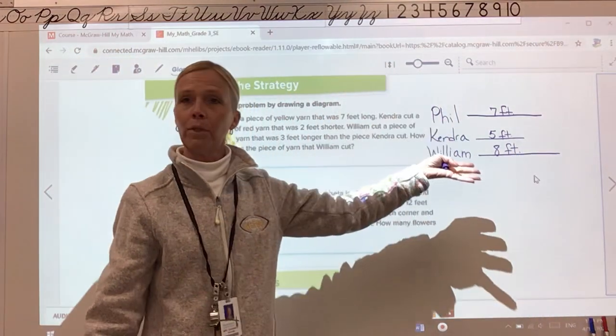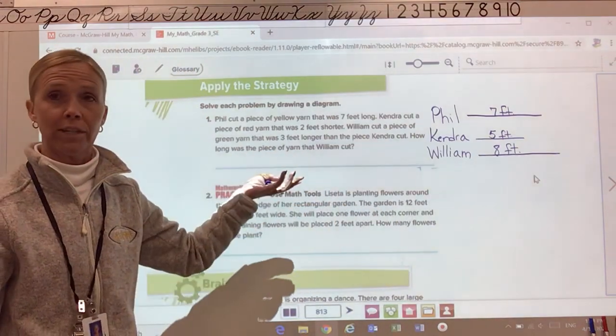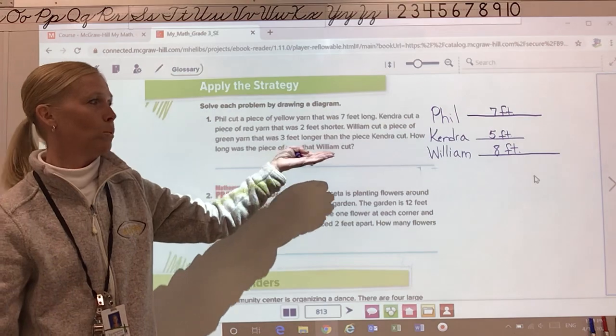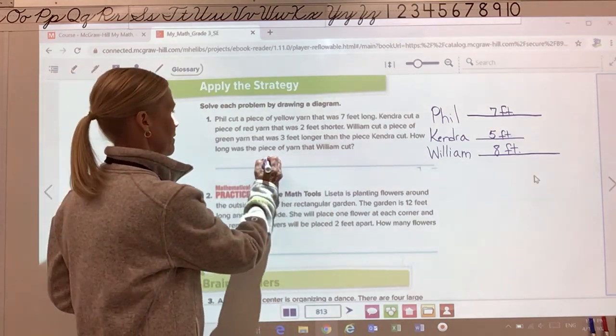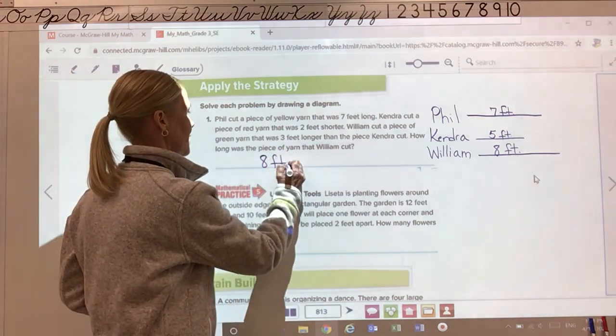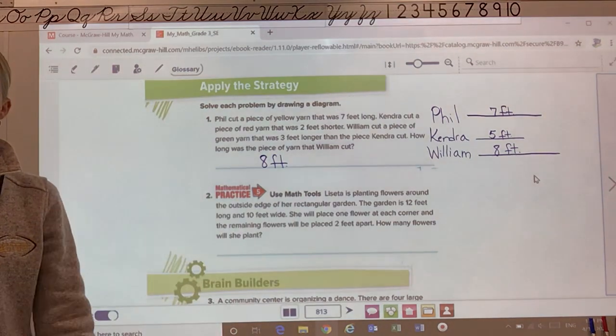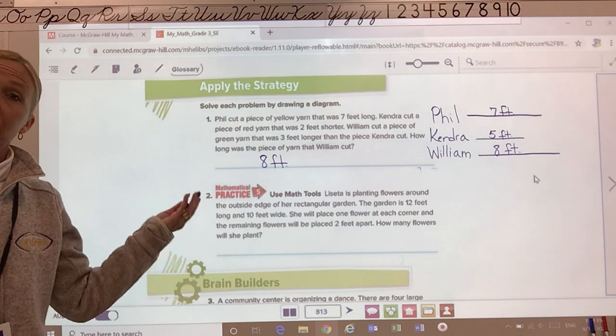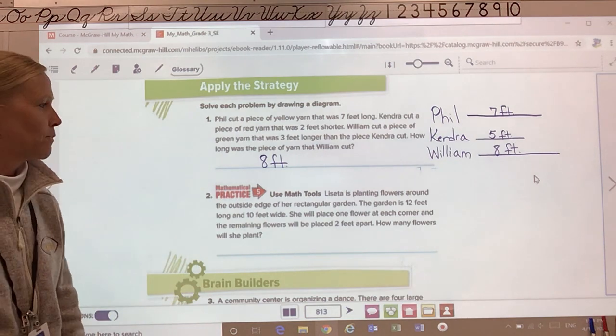Now, I've done the work over here, so answering the question is going to be pretty easy. It says, how long was the piece of yarn that William cut? Well, it was 8 feet. So working that out and showing my work over there helped me find the answer very easily.